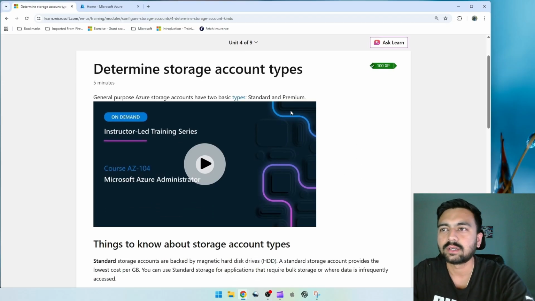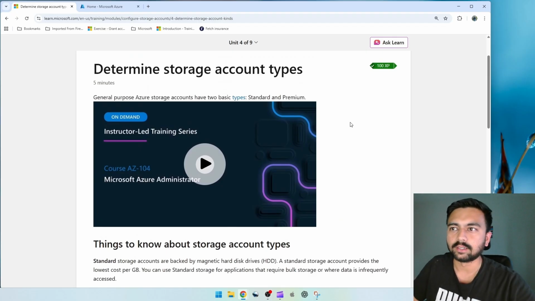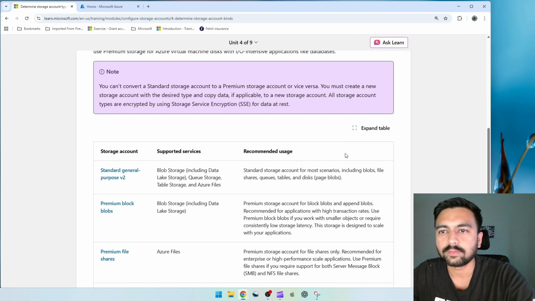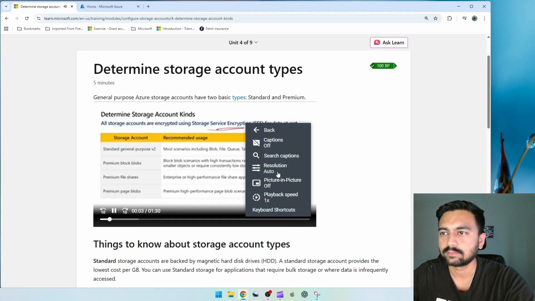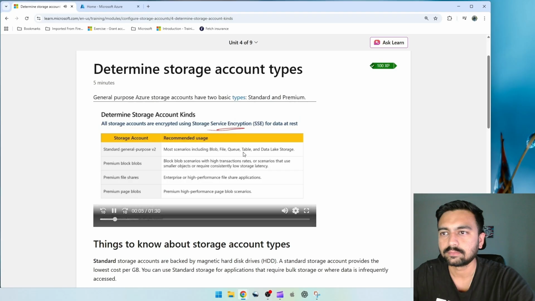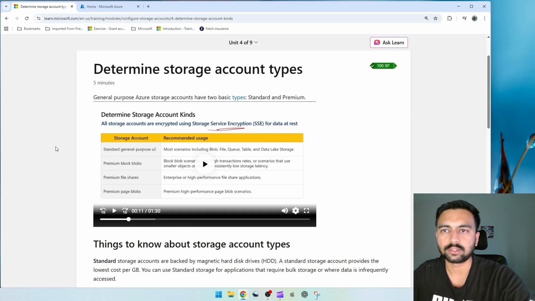Storage account types: standard and premium. When you actually go to buy Azure storage, for the general users of an environment, and in fact the large majority of scenarios, I would recommend picking a standard general purpose version 2 storage account. Generally, this is the one that is mostly used in the general case.